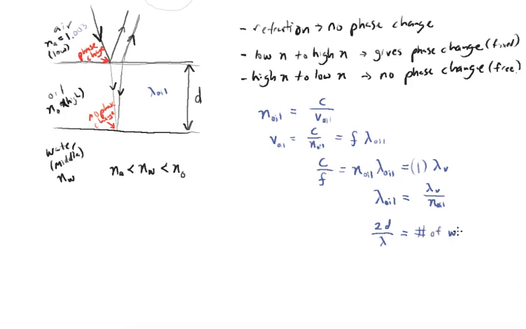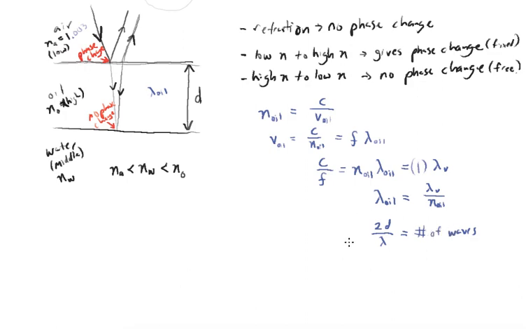I'm just going to put number of waves. Okay, it's going to be either whole waves or 1.5 waves, or really it could be fractions of waves where it's a little bit constructive and destructive interference. But we're interested in the whole numbers of waves and the half numbers of waves. And then we're going to talk about whether the whole numbers of waves or the half numbers cause destructive interference, okay?